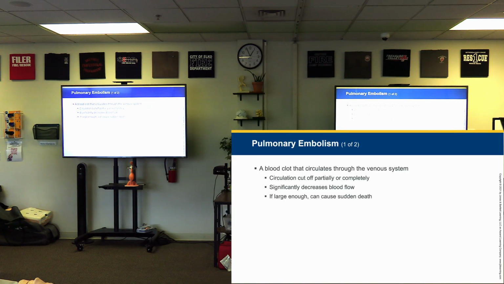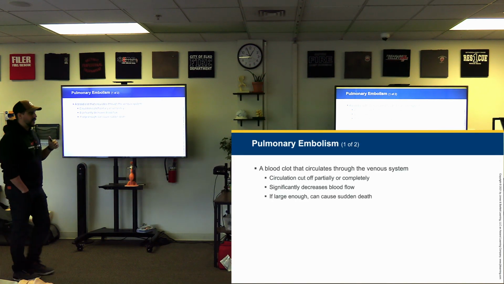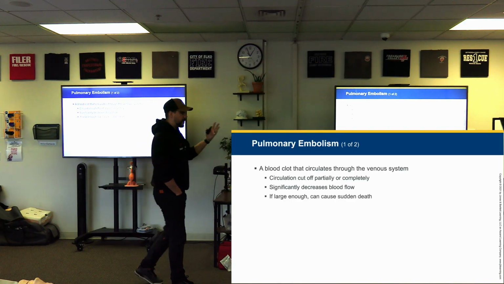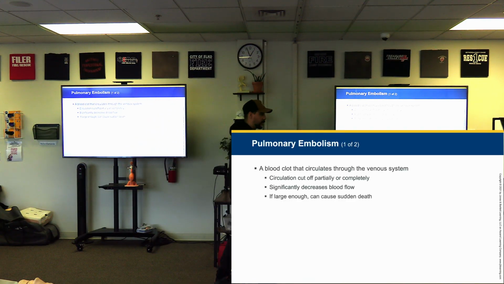But this will significantly decrease blood flow, and then if large enough, can cause sudden death. It will literally, for lack of a better term, internally choke them. They're going to be unable to move blood and oxygenate blood because of the blockage of circulation, okay?